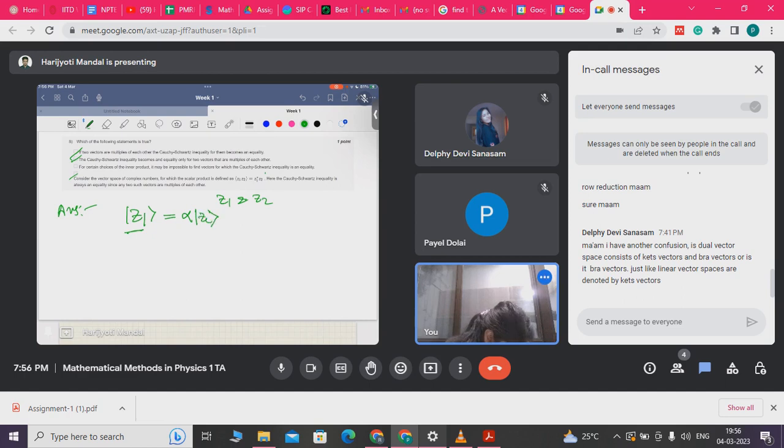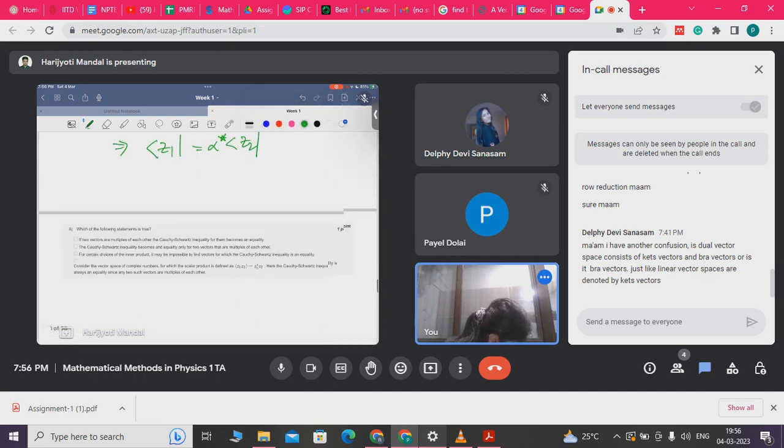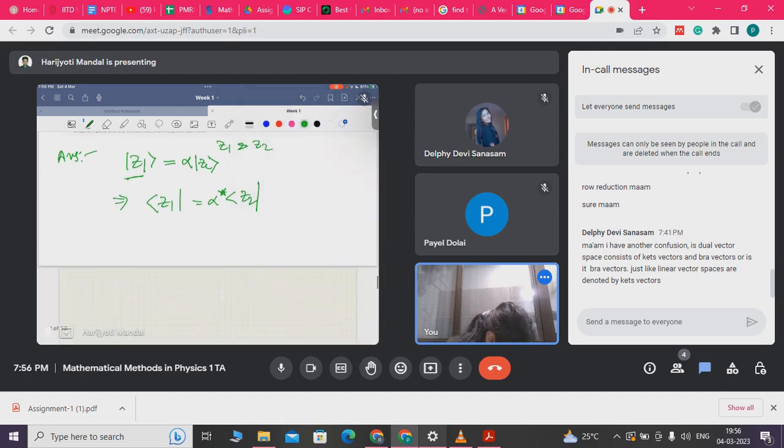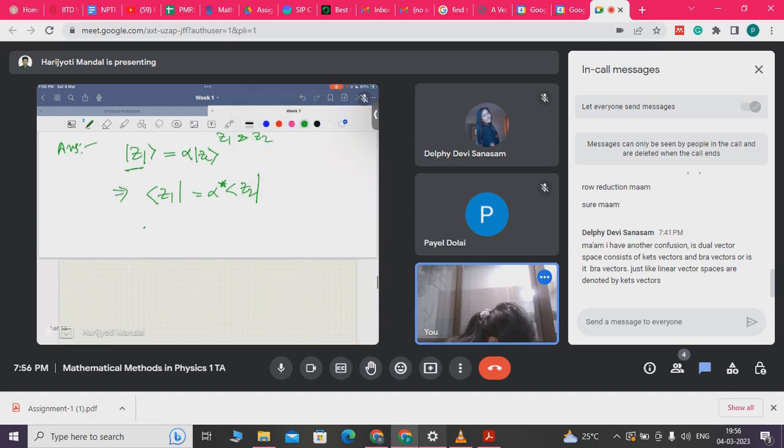If z1 and z2 are vectors which are multiples of each other, then z1 will be alpha into z2, and similarly its complex conjugate will be z1 star equals alpha star z2 star.